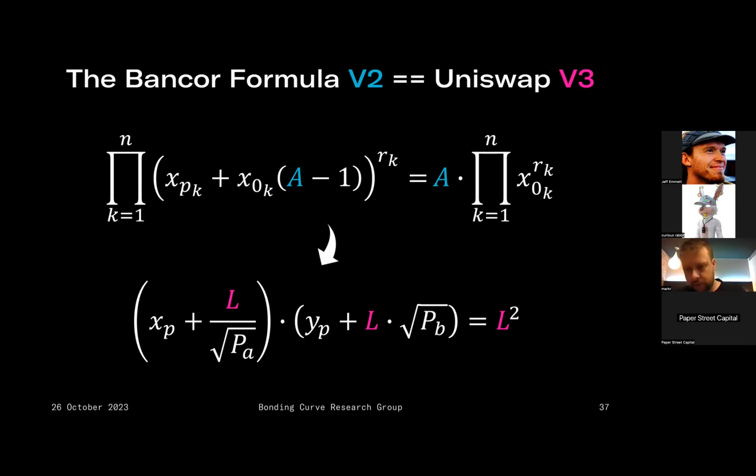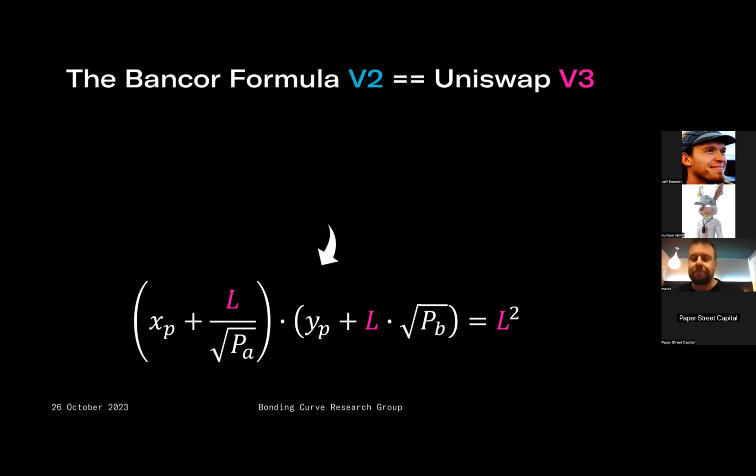And this has consequences on things like computation resources and memory, the number of variables you have to store, and this kind of thing. So I think this process is going to be valuable as a bonding curve research group, so that you know that just because there is a formula that someone's published, there isn't a better version of it or something like that. And I just think that the exercise is also extremely nourishing to the intellect.